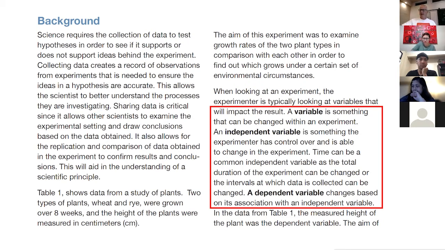So if we're going to plot these things, if we're going to draw a graph, so I draw my two lines here.